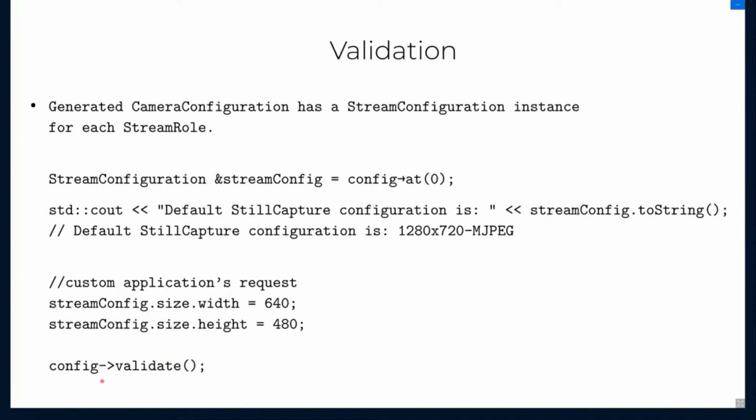If it doesn't, it will give the nearest configuration. So suppose this is not supported, but a lower one is supported, for example 320 by 180, it will amend this and give you 320 by 180. Or similarly, if you go higher, it will try to get it, but if it doesn't have it, it will just keep it as default.